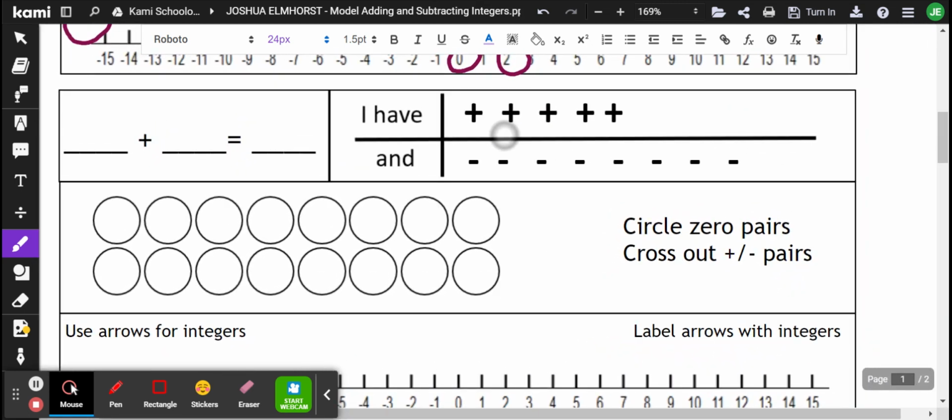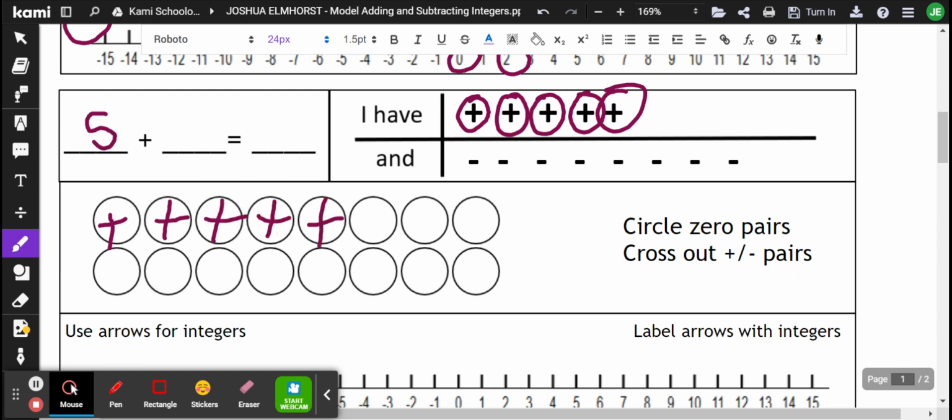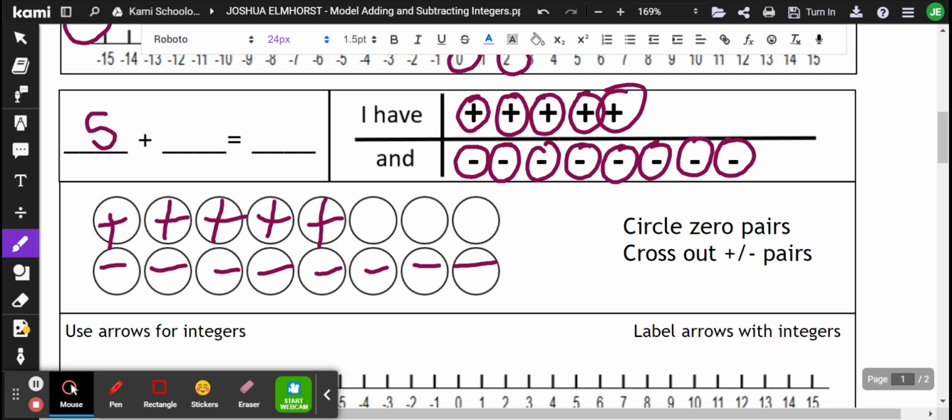So we have 5 positives, and we have 8 negatives.